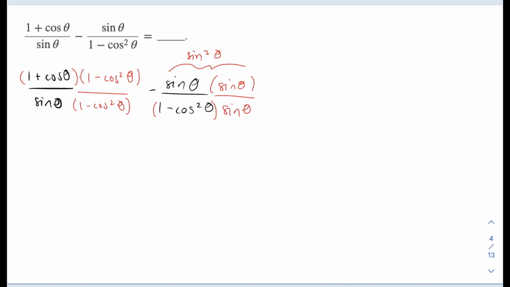This is what concerns me. This is what I don't want to do. I do not want to multiply that out because if I multiply that out, I am going to end up with cosine cubed, right? When I FOIL and I get to the L and I multiply these two together, I'm going to get cosine cubed, and I don't have any properties that have anything to do with cosine cubed. I doubt the simplest form is going to be cosine cubed.